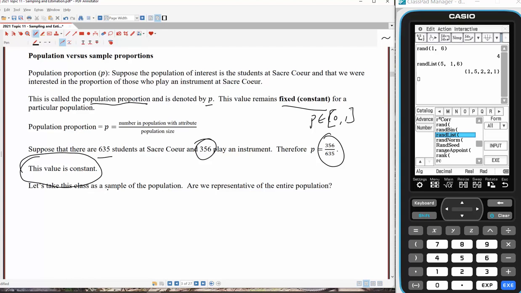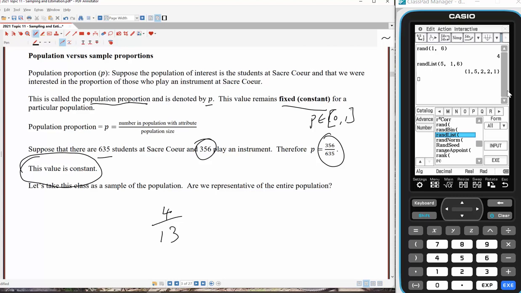Let's take this class as a sample of the population. Are we representative of the entire population? We know that there's 13 of us, and I'm going to make this up, that for argument's sake, let's say that 4 out of 13 play a musical instrument.